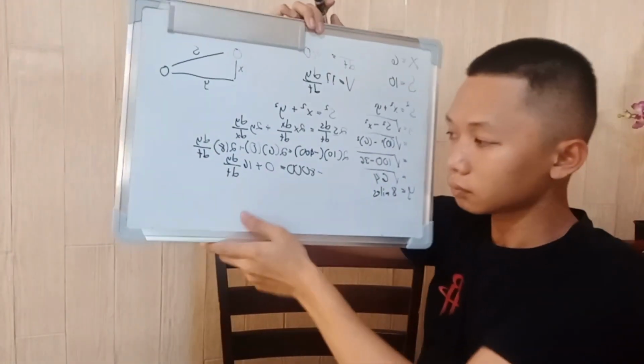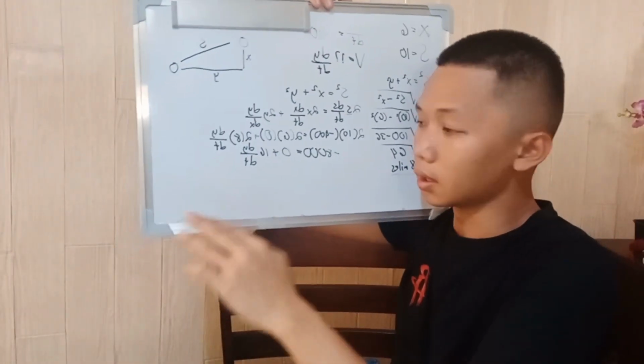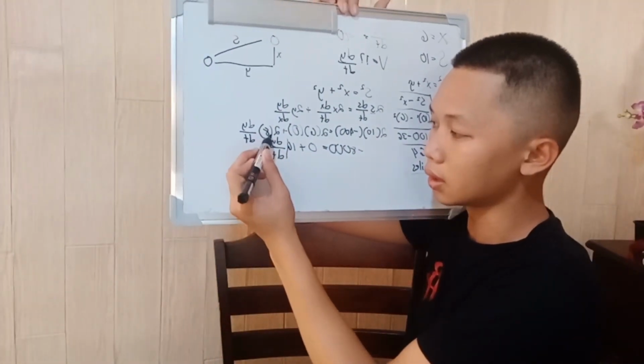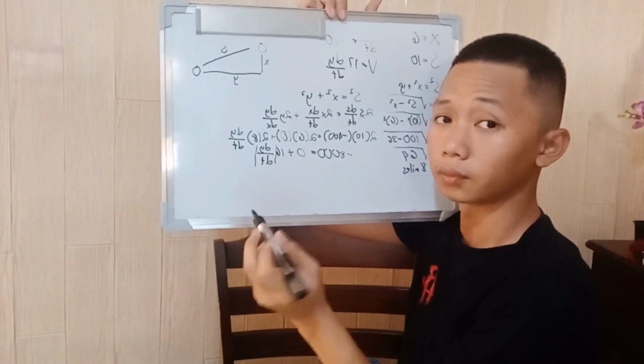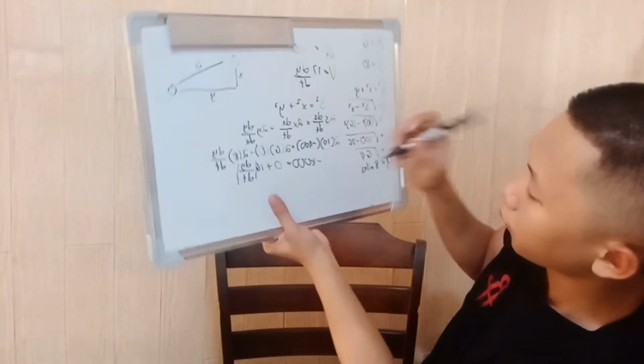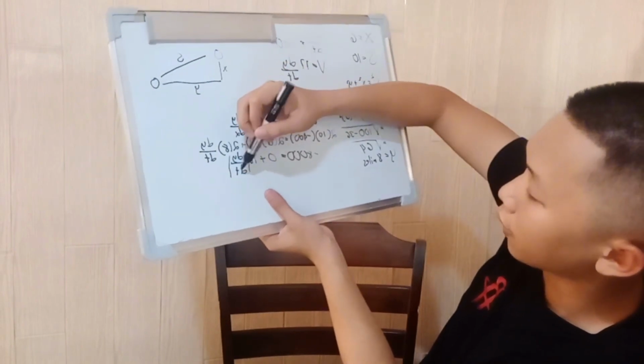Now, the next step is to isolate dy over dt, since that is what we are looking for. So we have to divide everything by 16.